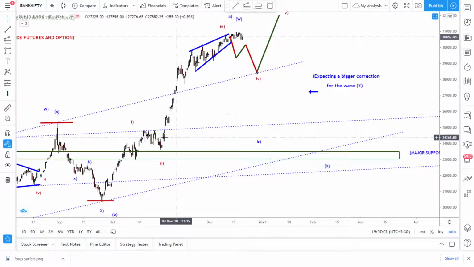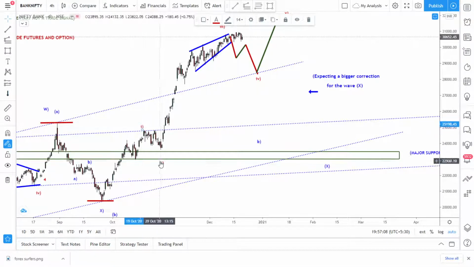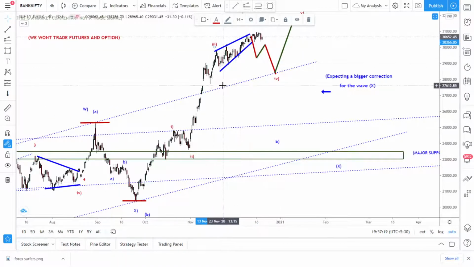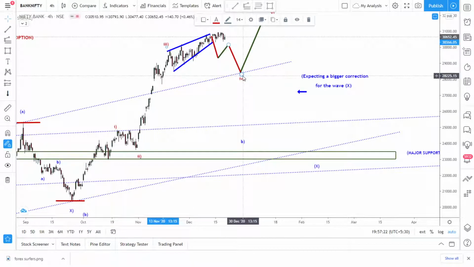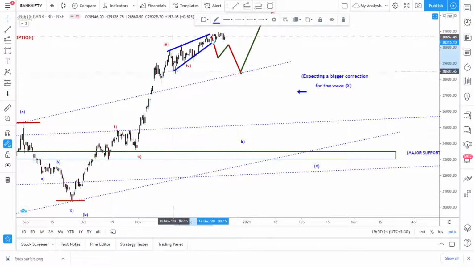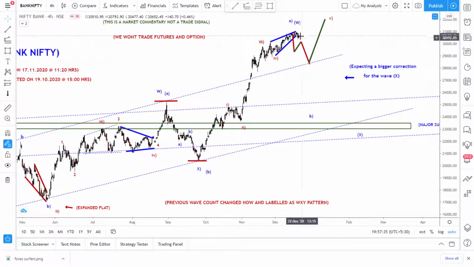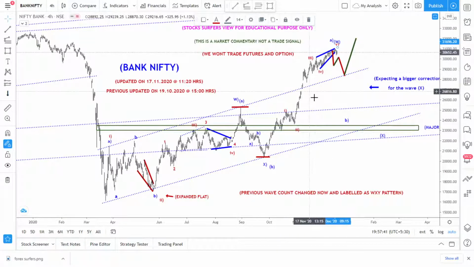So in that case, if this 1 2 3 4 5 has completed, 1 or A, and this is a 2, so 1 2 3 4 5 is ended here, that means the third wave is completed here, and this could be a fourth wave ended here, and the fifth wave 1 2 3 4 5. So in that case it looks like in Bank Nifty it has already ended here. So that means the 5 waves are already over.